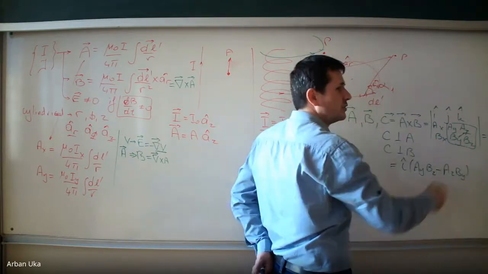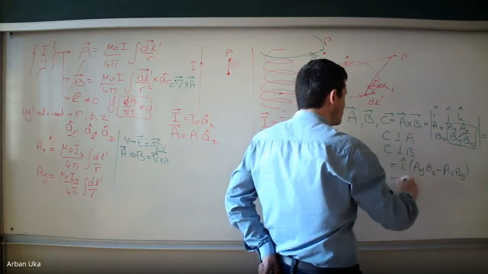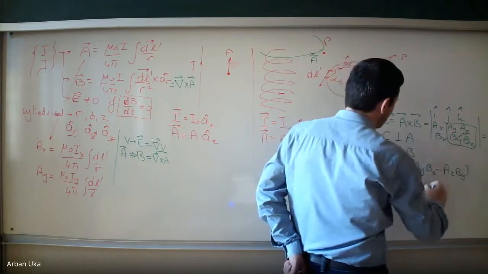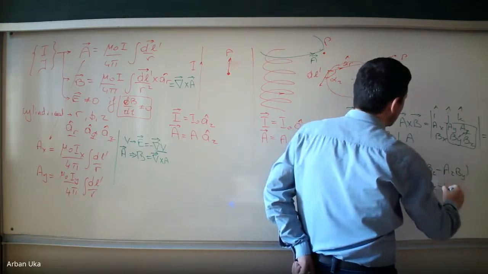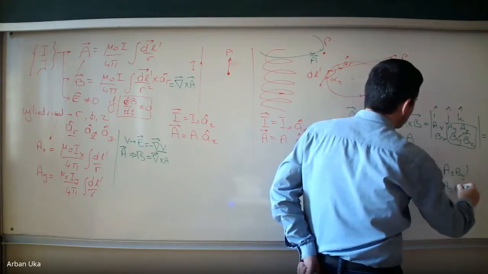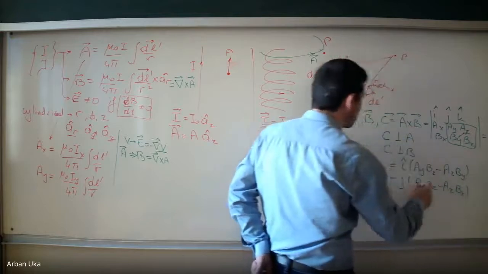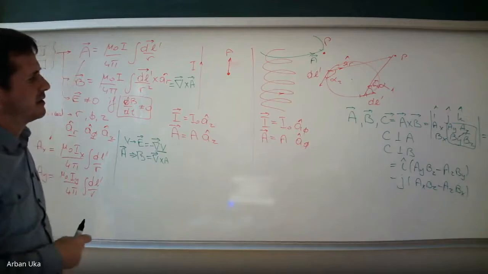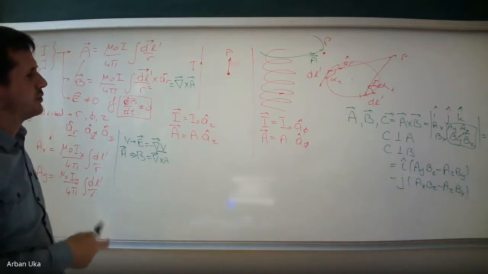So this is how we do this, right? And then we have the other component, which is equal to minus j, and this is Ax Bz minus Az Bx. Good. We have also the third component. We are good at finding the cross product between two vectors.